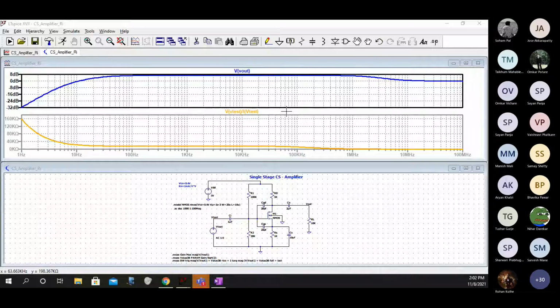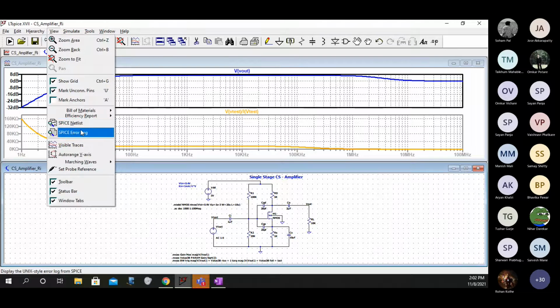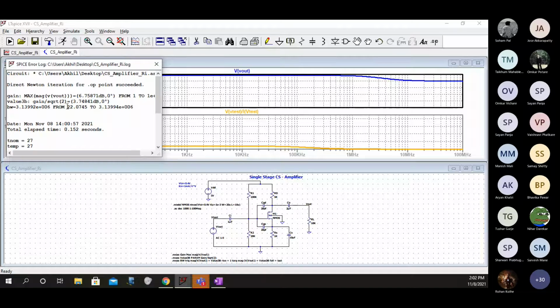So this is what we mean by frequency response of the transistor. In the class, I'll derive the formula for the lower cutoff frequency and the formula for the higher cutoff frequency, and I'll tell you. That's it. But you have already observed that now.